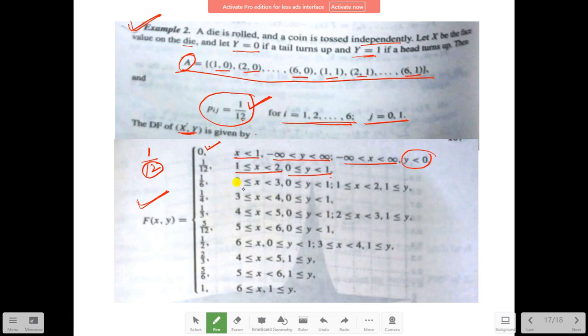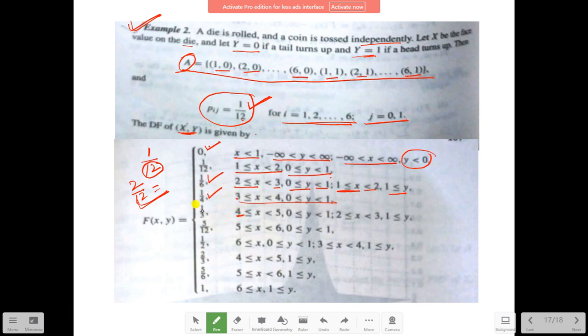And in the third case, when x is greater than 2 but less than 3 and y is greater than or equal to 0 and less than 1, or x is greater than or equal to 1 and less than 2 and y is greater than or equal to 1, so in that case this is 2 upon 12, so this is 1 upon 6. In this case 3 upon 12, so this is 1 upon 4.